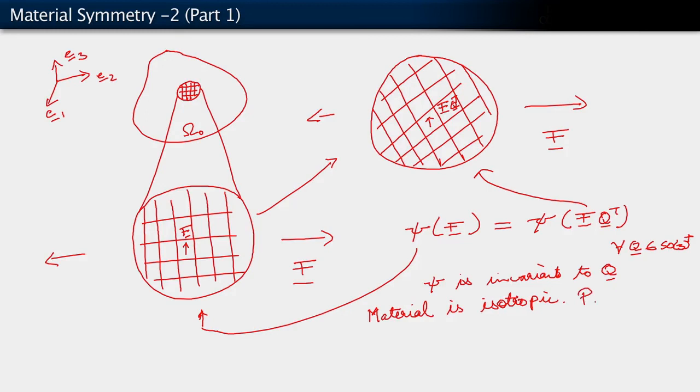It possesses full symmetry with respect to SO3, or SO3 plus, strictly speaking. It's rotationally invariant. There are a number of ways of saying the same thing. The material is rotationally invariant.